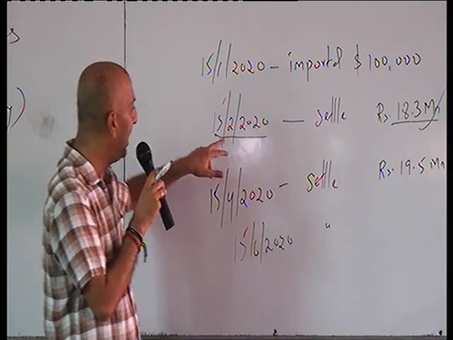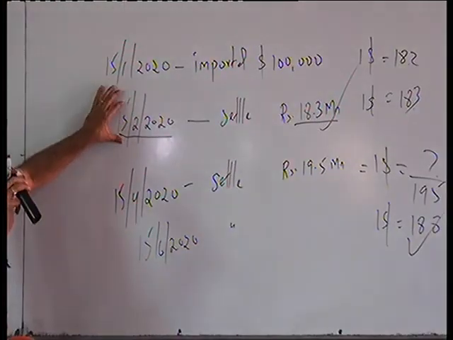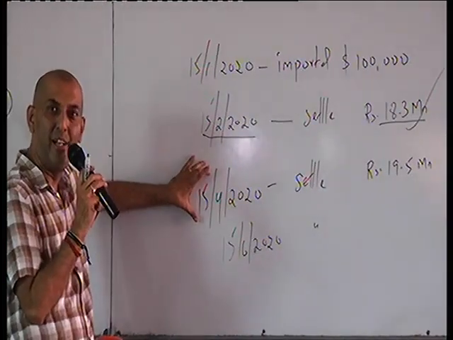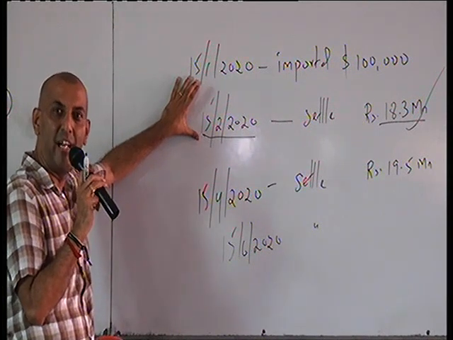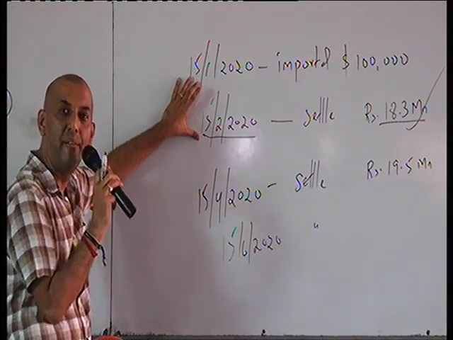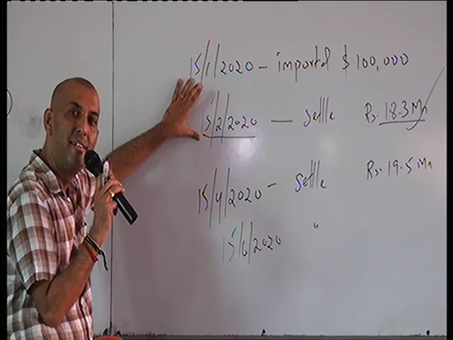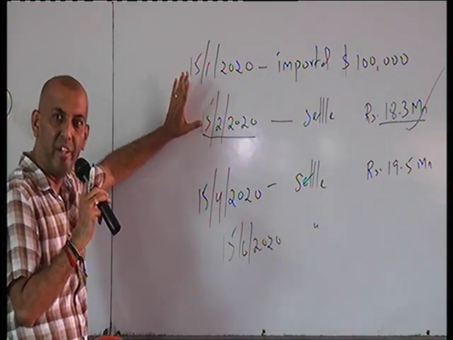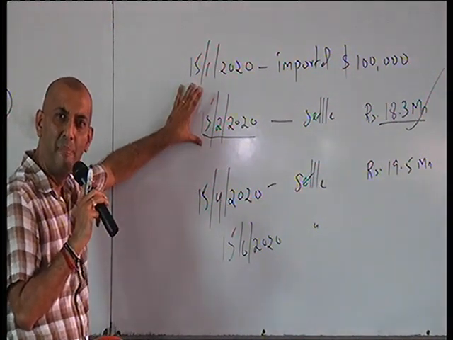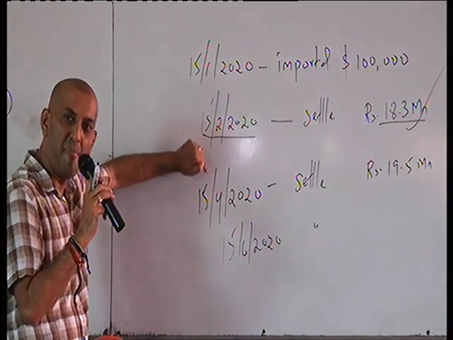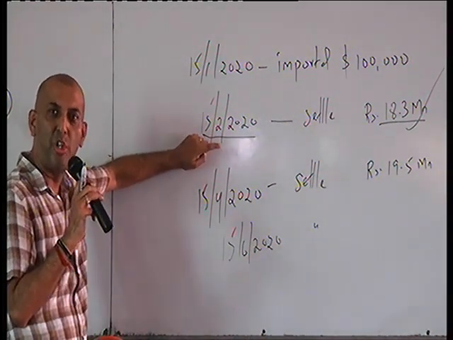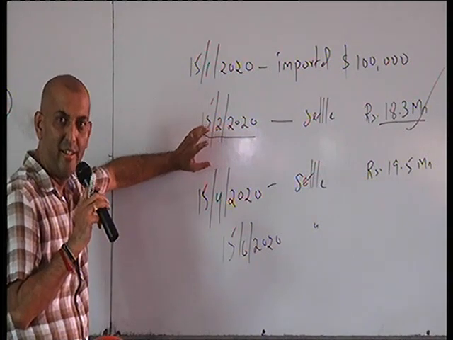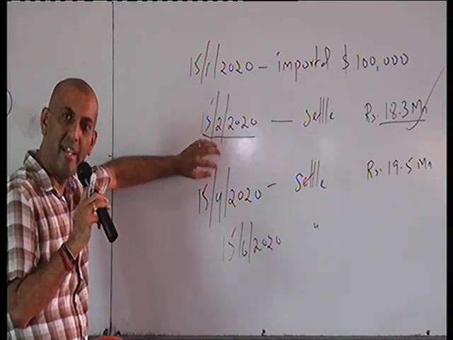If I pay early, not on 15th of April but 15th of February, what's going to happen? Exchange rate, fine, you are benefiting. What is the problem? On 15th of April, my cash flows are needed only on that date.